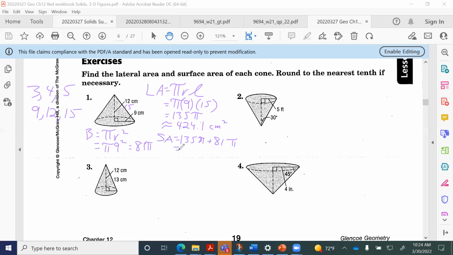So what was that? 135 and 81 gave us 216. Yeah, 216 pi or 678.6.